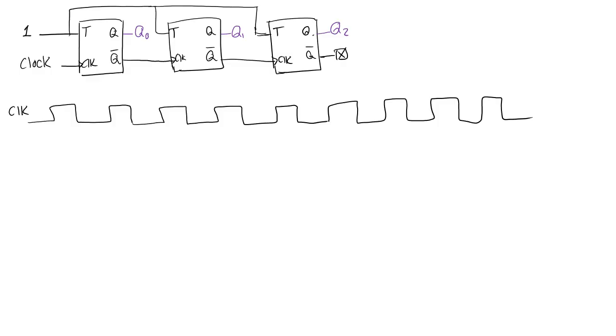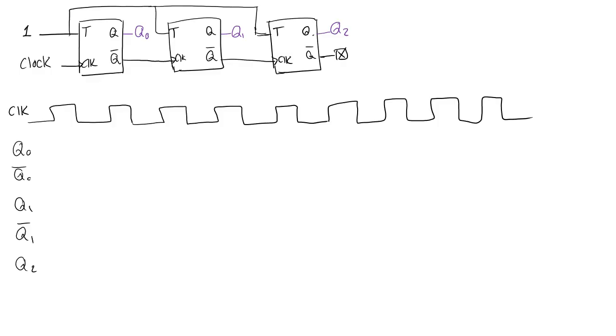And let's say I want to draw all of these outputs. So Q0, and I want to show Q0 bar because we're going to look at it. Q1, Q1 bar, and Q2. We don't care too much about the Q2 bar at this point. Okay, so initially, let's assume that all of them are at 0.